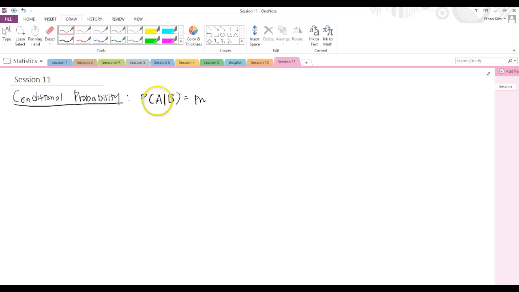So this is the probability of an event A occurring given B. What it's saying is that we're looking at a particular event A given that B has happened already.